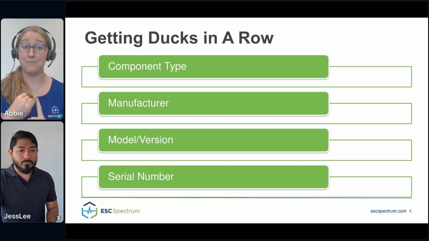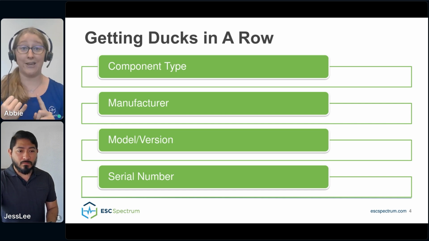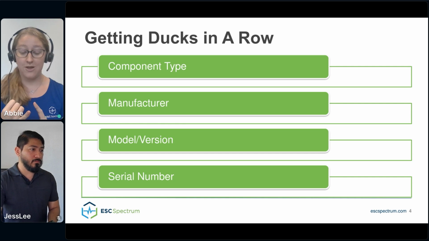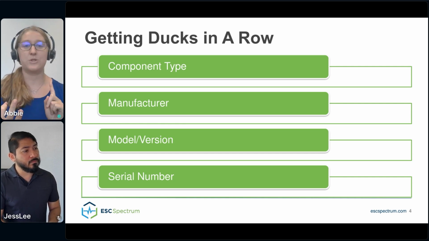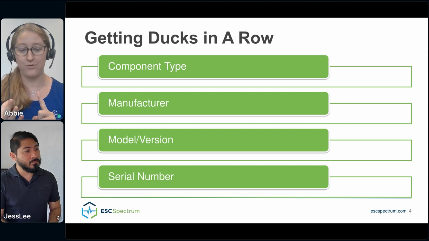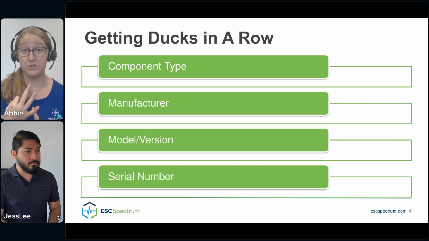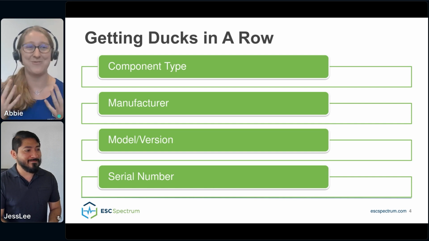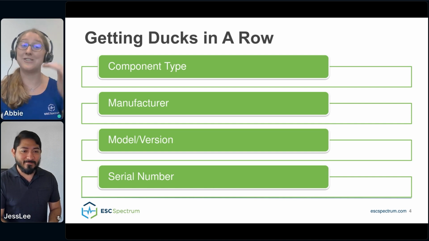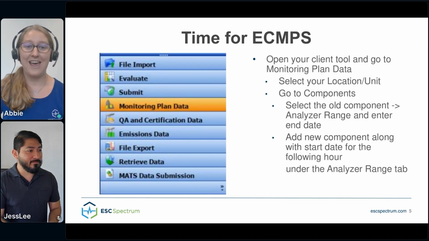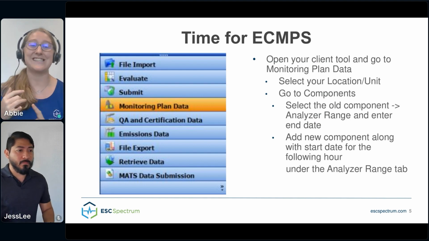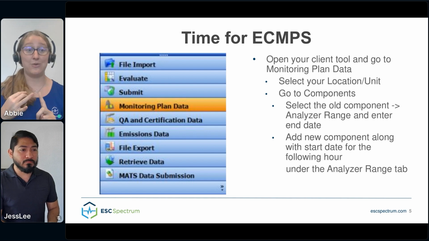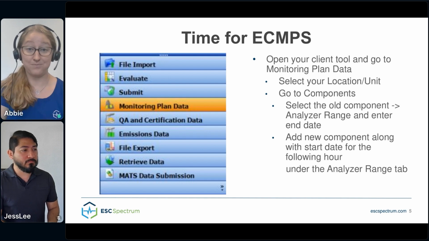So we want to make sure what's in ECMPS is accurate and true to what we've changed, but also that communicates into StackStudio, which will communicate into StackVision, right? And it's the communication between these three tools that will save us gray hairs and stress come reporting month. So we're going to start with having this information and dive into the fun stuff. We're going to get into ECMPS. We're going to select our monitoring plan and the unit that we're changing the analyzer on.